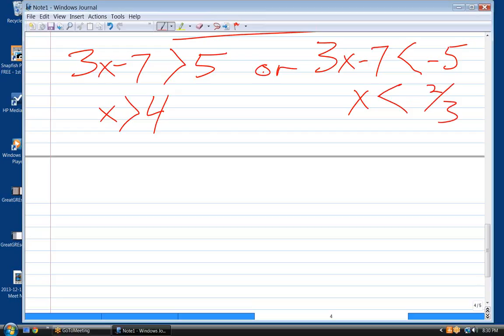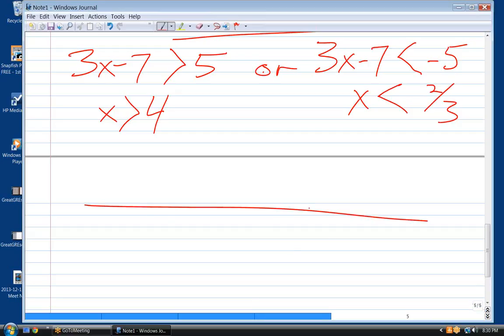Okay, so what does that mean? That means that on a number line, if I want to graph that, there's 4. Here is 2/3. There's 0. So x is greater than 4 is an open circle, that direction. X is less than 2/3 is an open circle, that direction.